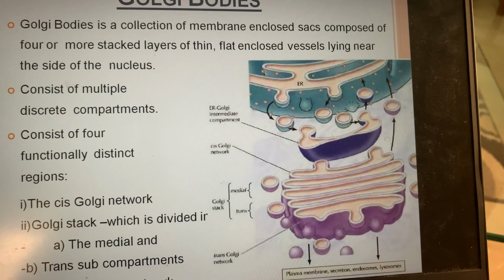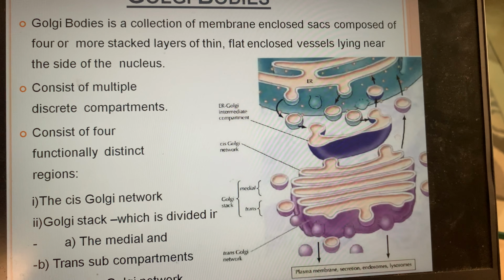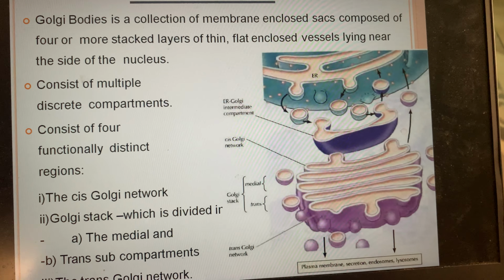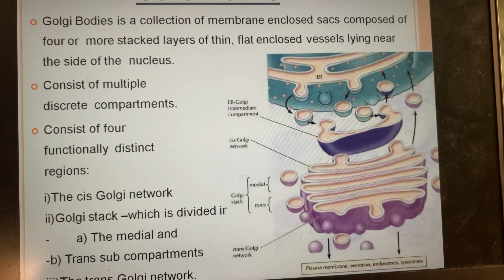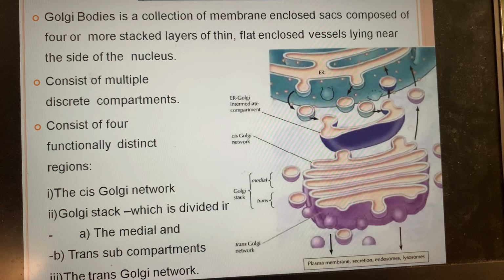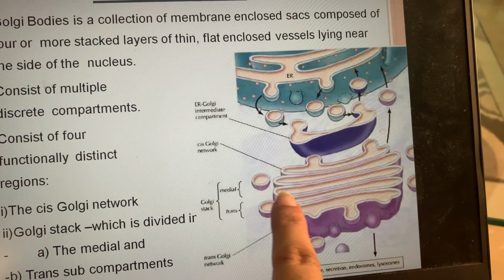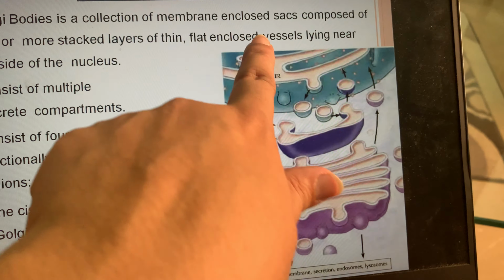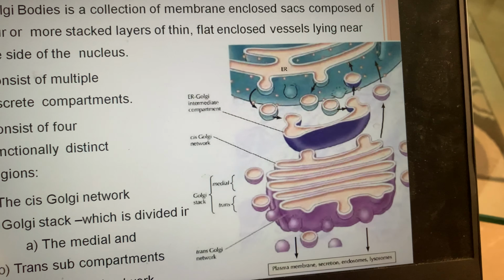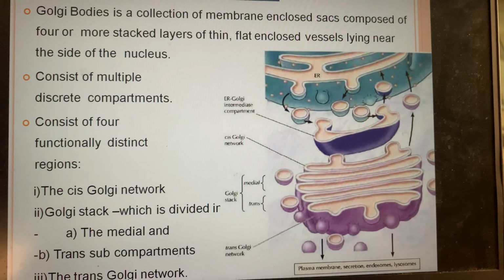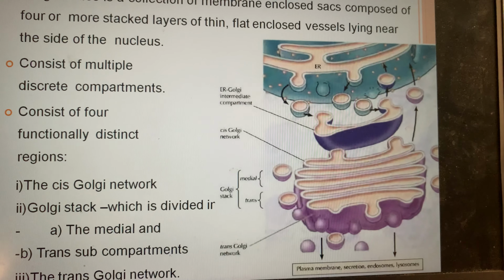It's a collection of membrane-enclosed sacs composed of four or more stacked layers of thin, flat enclosed vesicles lying near the outside of the nucleus. They lie near the nucleus and consist of multiple discrete compartments.